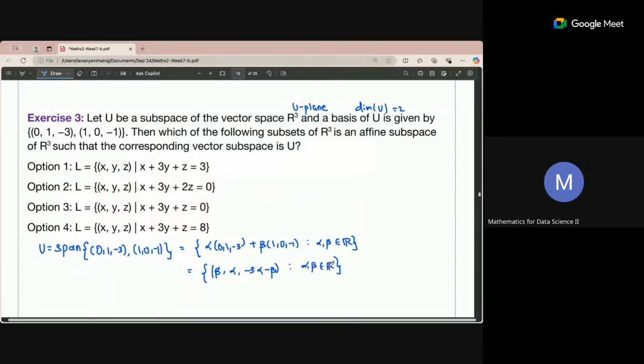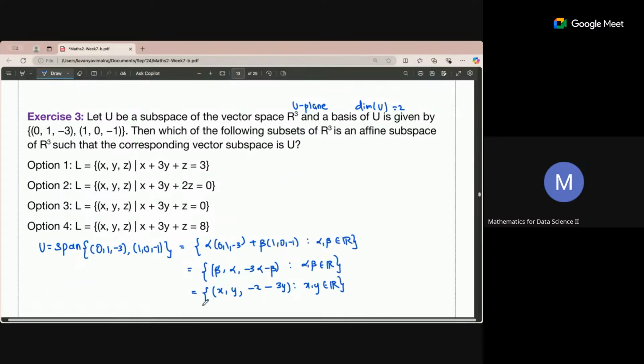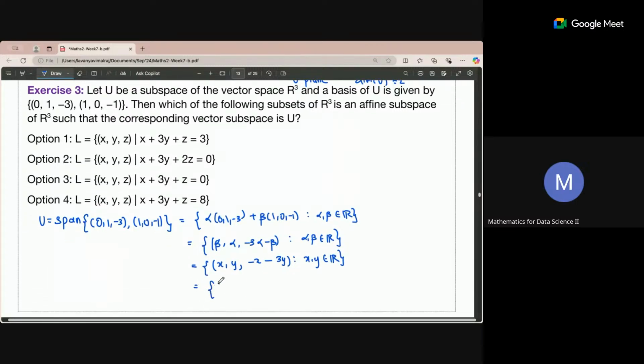Now if I'm rewriting this with x and y, if this is x and this is y, here you will have minus x minus 3y, with x, y in R. So what is your z? Your z is minus y minus 3x.